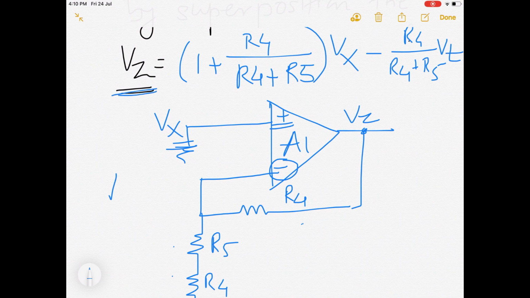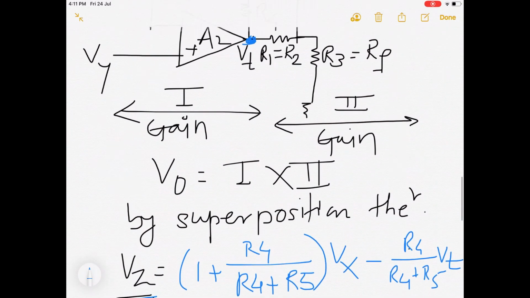Now similarly you have to calculate another input of the first stage, that is Vt. So for calculation of Vt, again I am drawing this part.